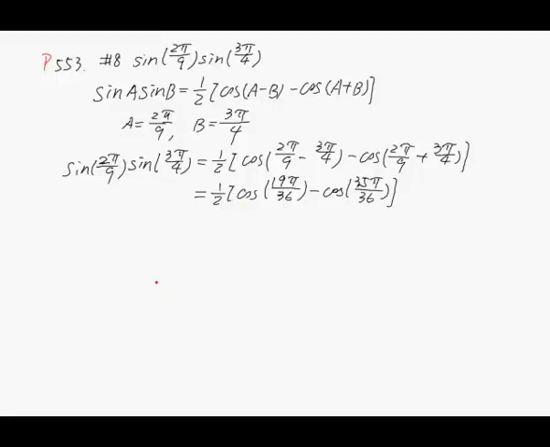Now let's look at another example from problem 15. We have the product sine of 13 pi over 24 times cosine of 5 pi over 24.